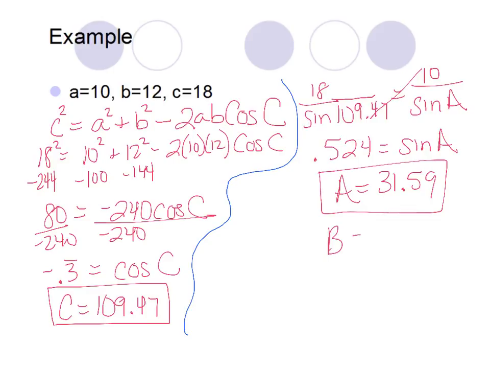Find angle B by subtracting those two angles from 180. And it looks like angle B would be 38.94. All right, there's your law of cosines for you.